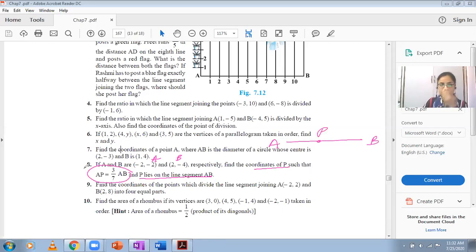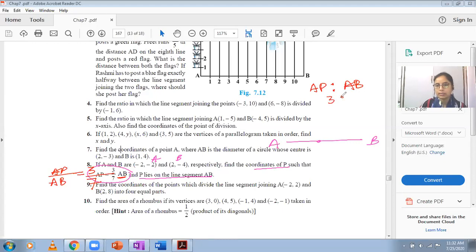And from here, what do we get? From the ratio that's given to us, this is AP. I'm going to simply move AB to the left-hand side. So this will be AP over AB, since transposing AB to the left-hand side it will appear in the denominator, equals 3 over 7. So you now have the ratio of AP with the whole line segment.